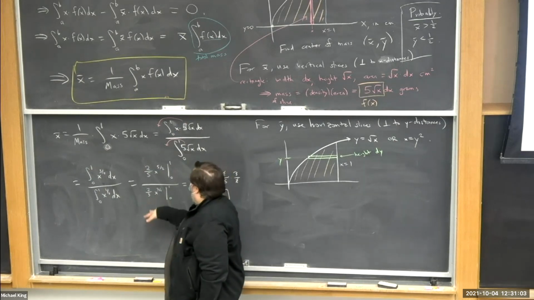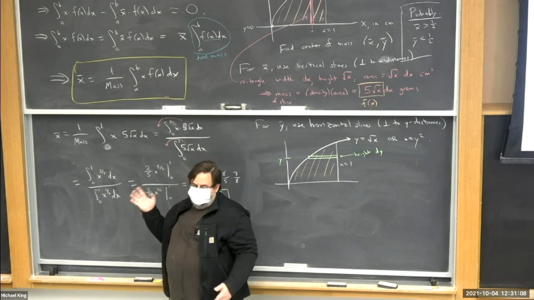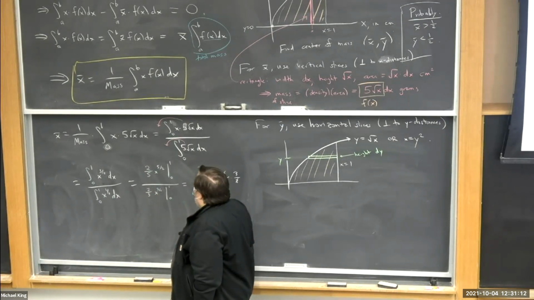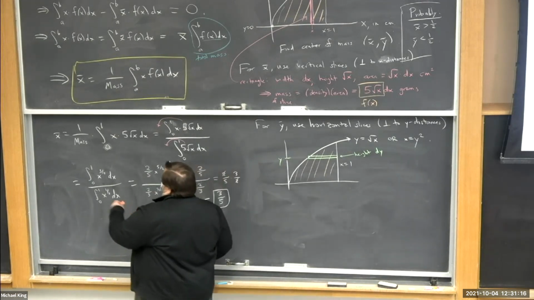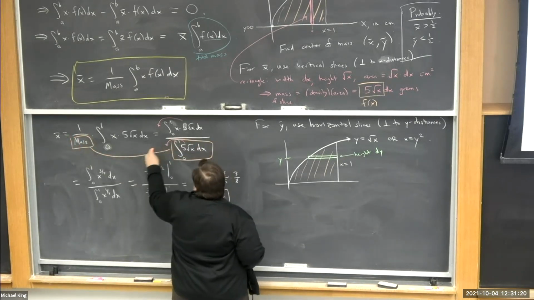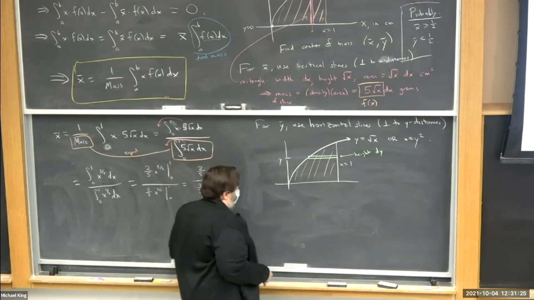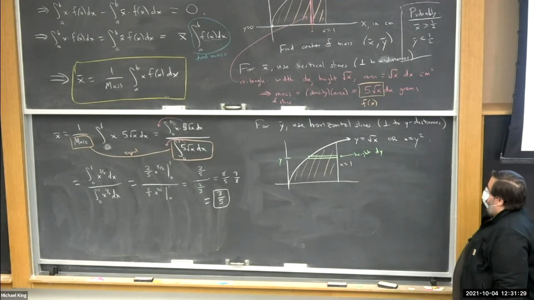So you could do it again, and you should get 2/3 again for the denominator, because it should work either way. So that was just the mass, I'm just finding the mass by an integral. It's just like finding the area. Okay, I understand.